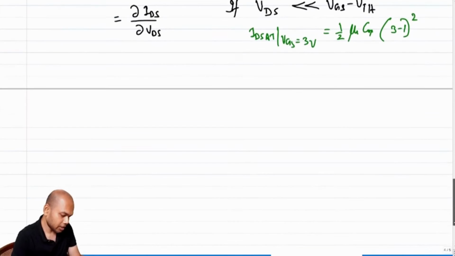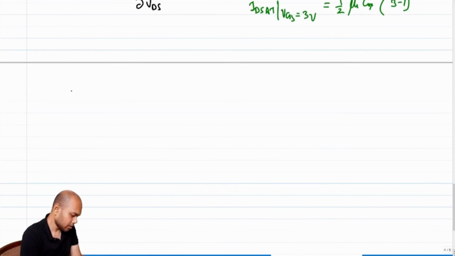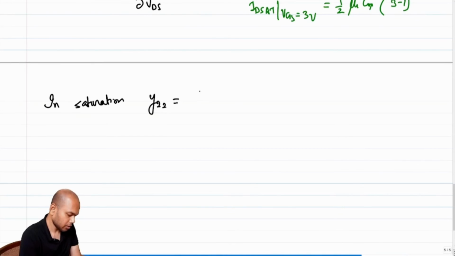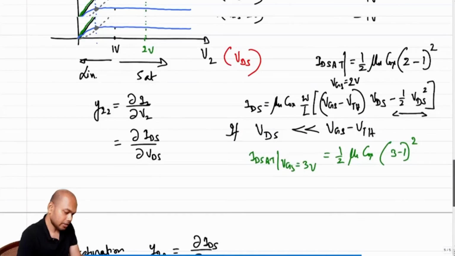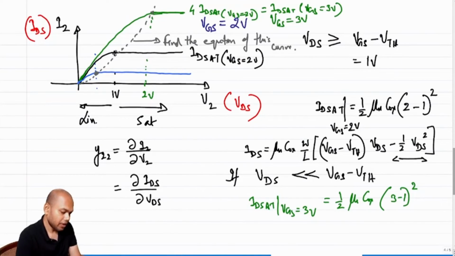So in saturation, y22 is del IDS del VDS, where IDS is independent of VDS, right?